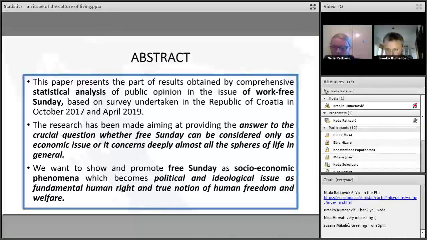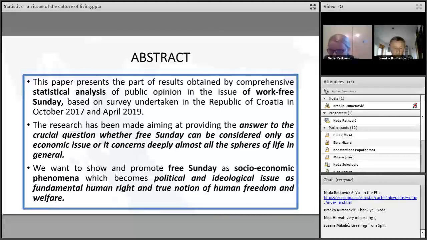The theme is a work-free Sunday. Why work-free Sunday? This theme is very current today in Croatia. It is a crucial question whether a free Sunday should be considered only as an economic issue, or whether it is deeply in all spheres of life in general.